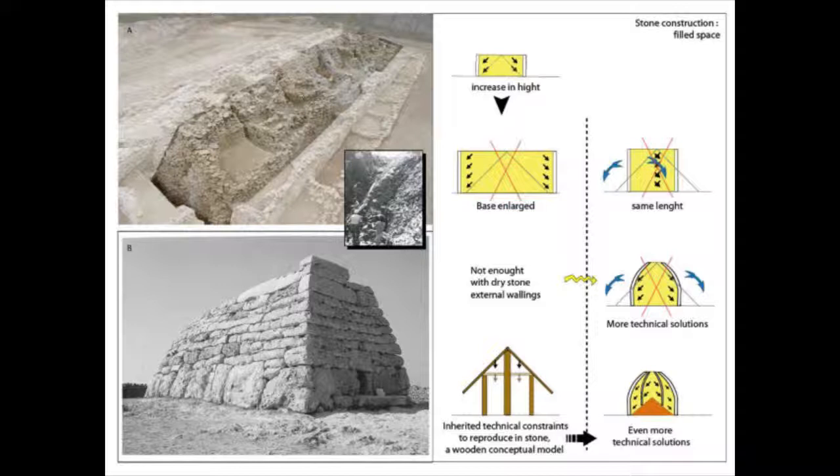But this is just dry stone construction, and bending walls are not enough. This could be the reason why they needed such sophisticated elements to make internal structuration. That is, an inherited technical constraint to reproduce in stone a wooden conceptual model. That's the proposition.